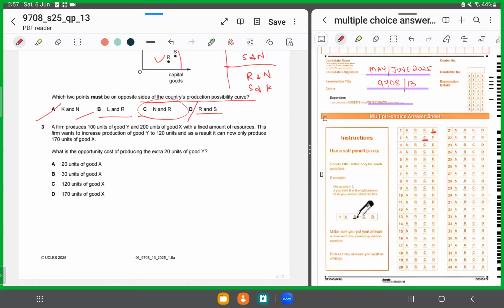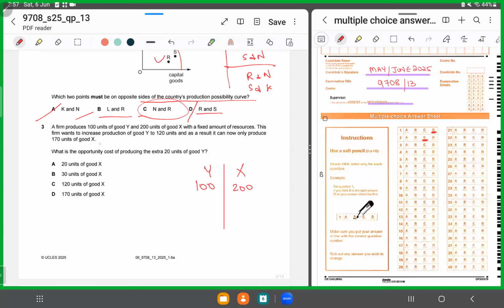MCQ number 3. MCQ number 3 says a firm produces 100 units of good Y and 200 units of good X with a fixed amount of resources. So what was the country doing? It was producing 100 units of good Y, and of good X, it was producing 200 units.